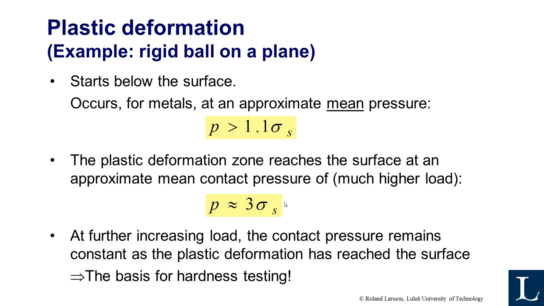And there are some simple rules about when plastic deformation occurs, and as I said, it starts below the surface. You may say, at least for metals, that the first sign of plastic deformation occurs at a contact pressure level of around 1.1 multiplied by the yield stress of the material.